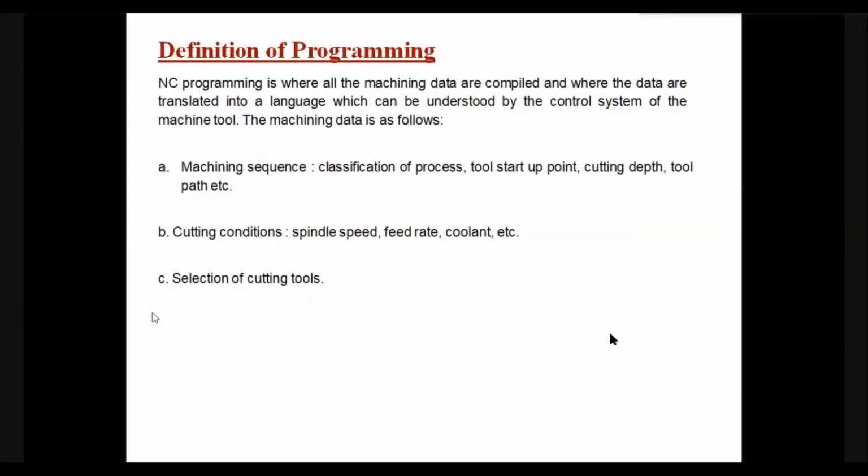Machine data will be like a machining sequence, classification of process, tool startup point, cutting depth, tool path, etc. Here, we are giving the limiter of the tool, and work offset also is given. That means reference point on the workpiece is given.